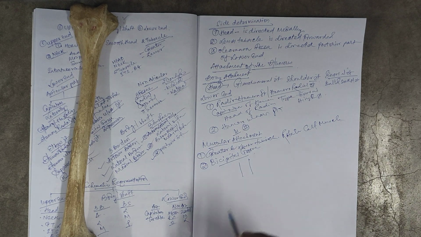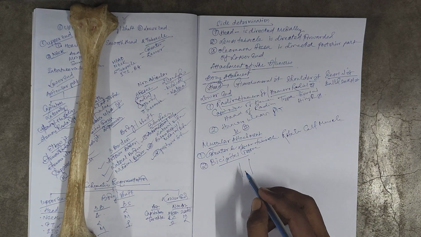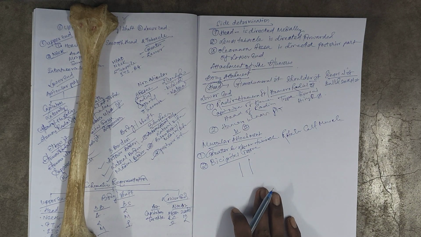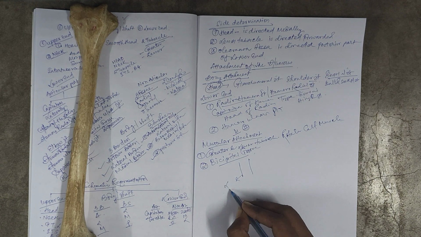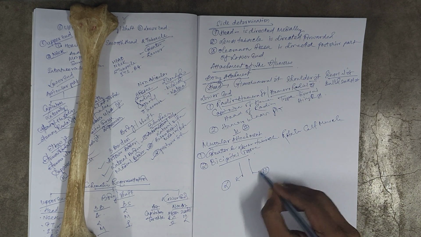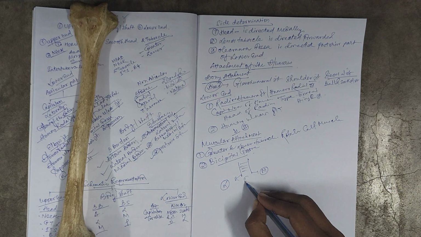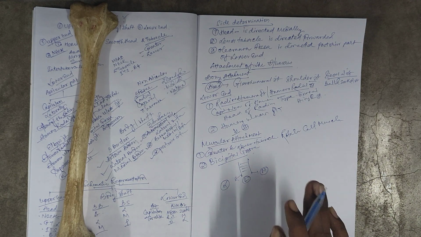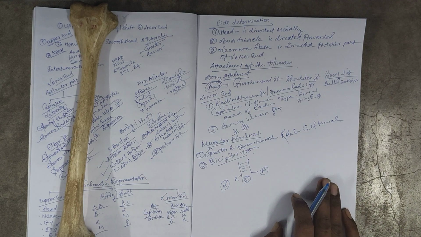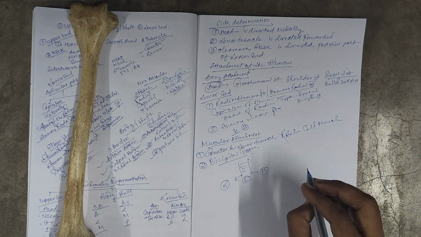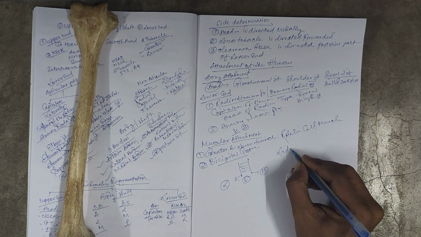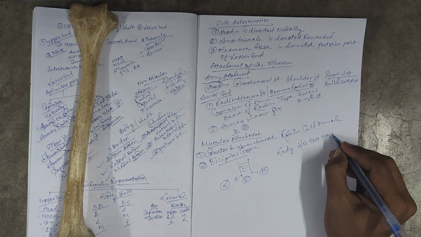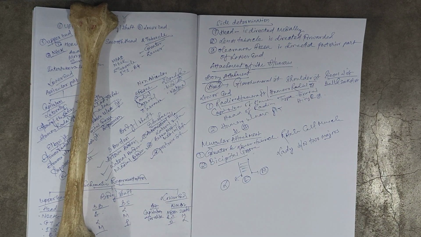In the bicipital groove, there are two margins, one is the lateral margin and one is the medial margin, and there is one floor. So this is the lateral margin, this is the medial margin, and this is the floor. We have a trick to remember the muscle names: Lady between two Majors.